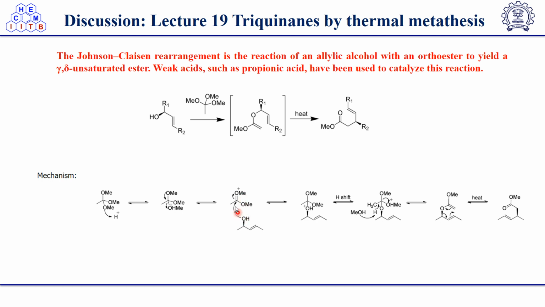Then this hydroxyl group will attack at this orthoester, followed by this hydride shift. We will get this corresponding product, and this can undergo 3,3 sigmatropic rearrangement like Claisen rearrangement to get the corresponding gamma delta unsaturated ester. So this is Johnson-Claisen rearrangement. From allylic alcohol and orthoester, we are getting gamma delta unsaturated ester.